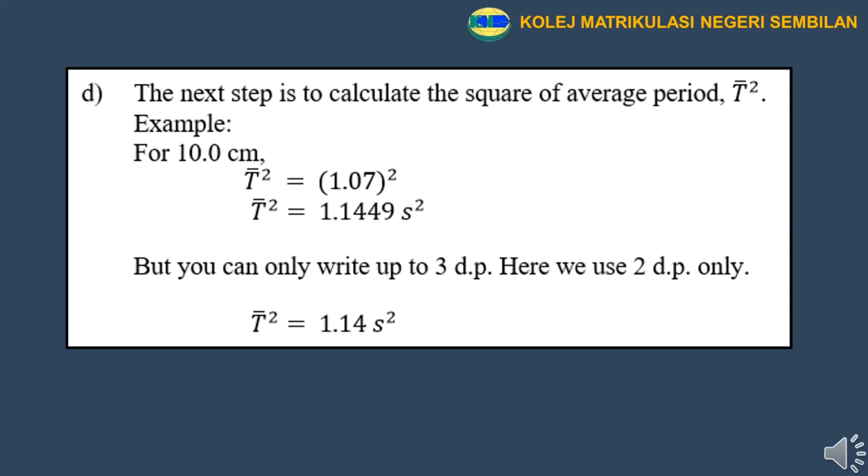But you can only write up to 3 decimal places. Here, however, we use 2 decimal places only. Therefore, T bar square equals 1.14 seconds square.